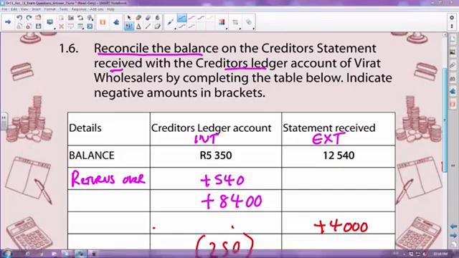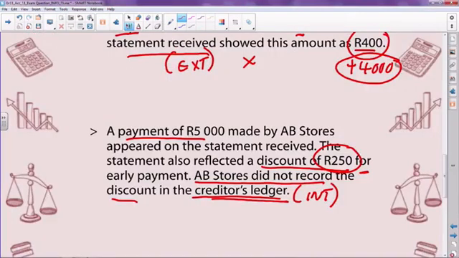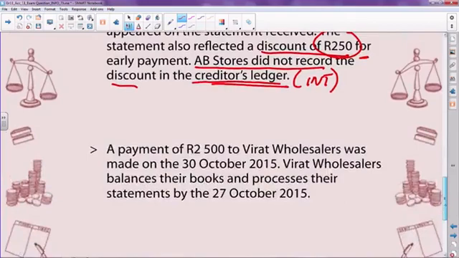I think we've got one more error to look at, and then we can check whether this balances. Okay, there we go. Right, a payment of 2,500 Rand to Virat Wholesalers was made on the 30th of October 2015. Virat Wholesalers balances their books and processes the statement by the 27th of October 2015.